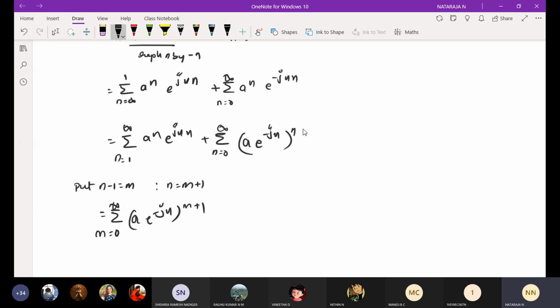One term will be coming outside, that is a e power plus j omega. Then plus summation n is equal to 0 to infinity (a e power minus j omega) whole to the power of n.